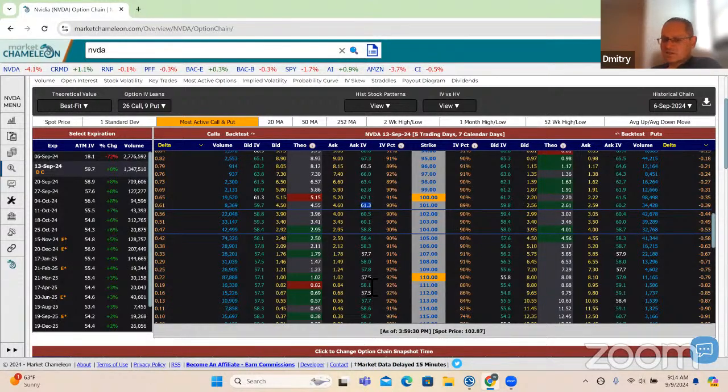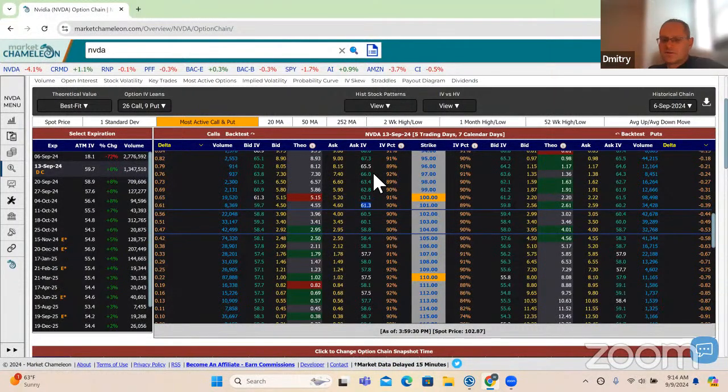What this does is allow us to make relative comparisons of the different options on the board. Because it's hard to compare just the price alone. You have 450, 460 for a 101 strike, but what does that mean compared to $1.02 for a 110 strike? It's just eyeballing it.